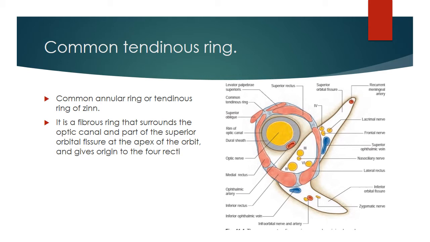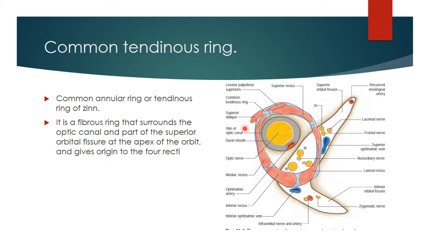Now we will start the extraocular muscles, but before going to the muscles, I want to discuss the common tendinous ring. Common tendinous ring is also called common annular ring or tendinous ring of Zinn.